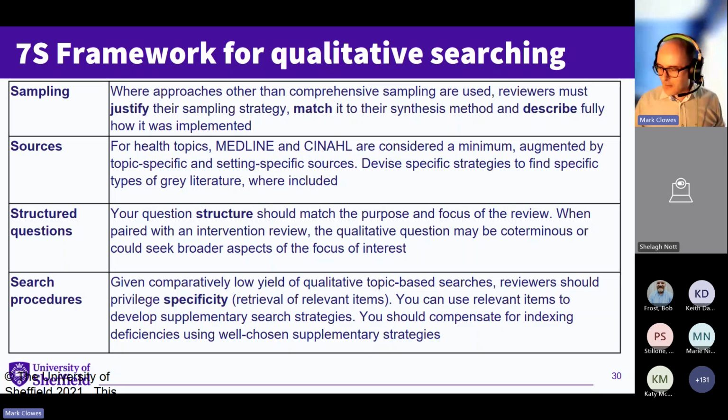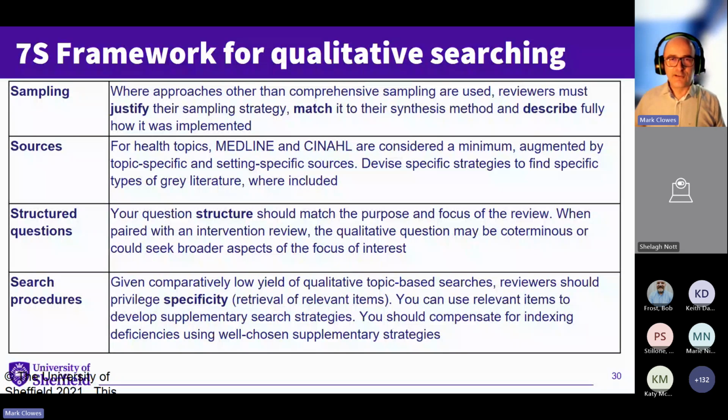Getting towards the end now, I just want to go through what's called the 7S framework. This is something that was developed for Jane Noyes' Cochrane chapter. So this was about the 7 aspects of a search that need to be considered in the context of qualitative evidence syntheses. So sampling.